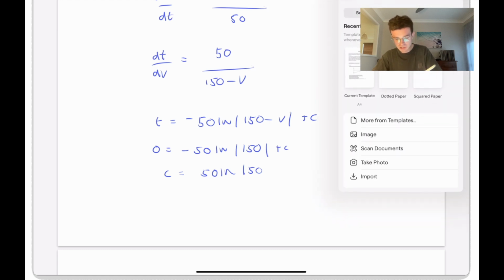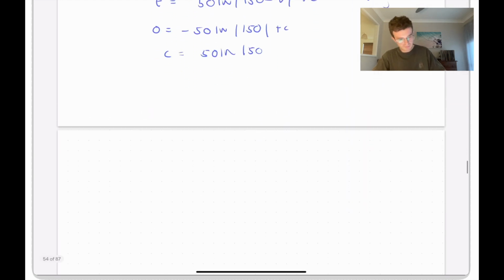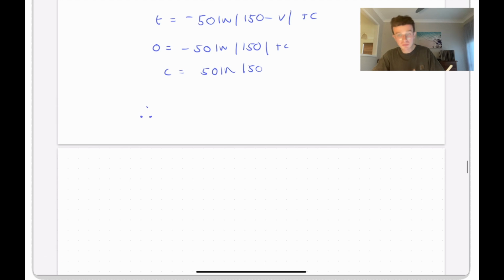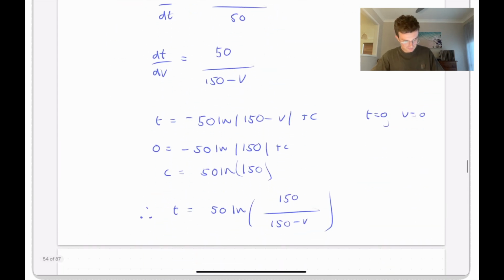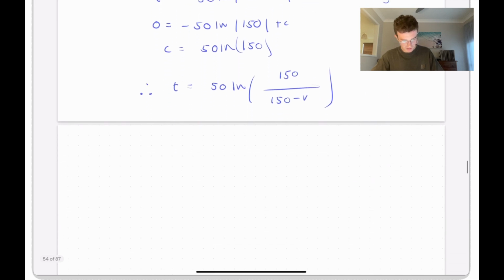So therefore, putting in our plus c and using some log laws, we're going to get t equals 50 ln of 150 on 150 minus v. Let's have a look at what we're after. I think we want v to be the subject. Yep. Might divide both sides by 50, raise it to the power of e.